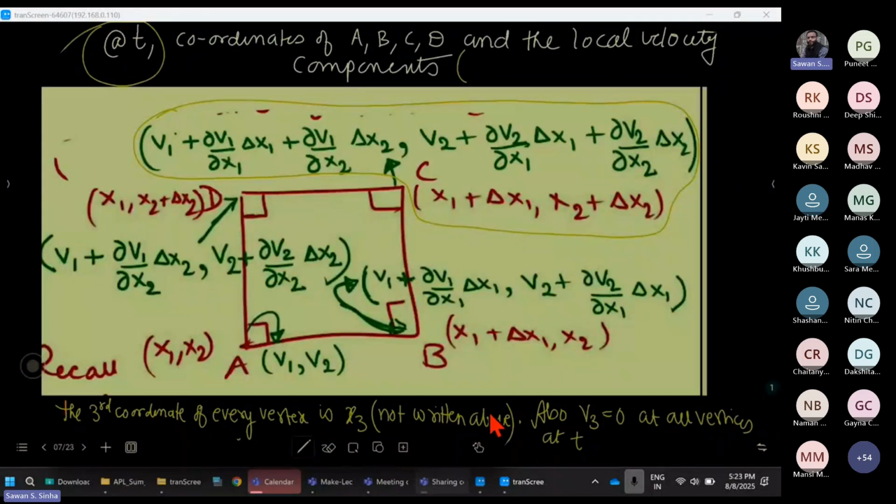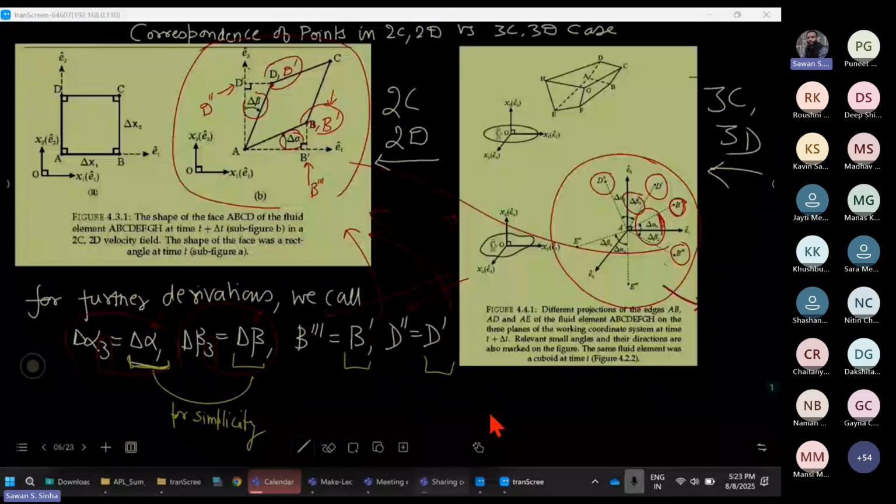Now let's try to find out what would be the coordinates of B and D and also A and C at time t plus delta t.